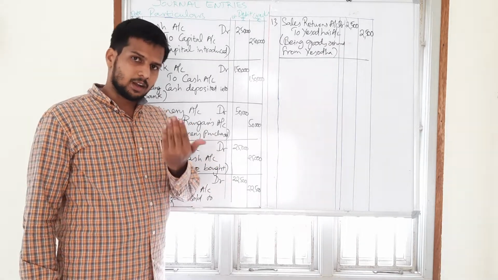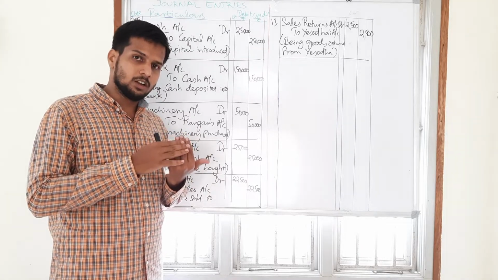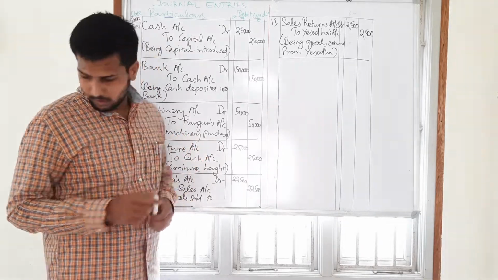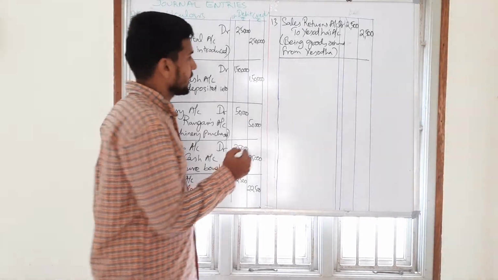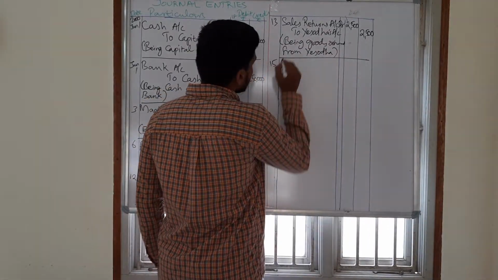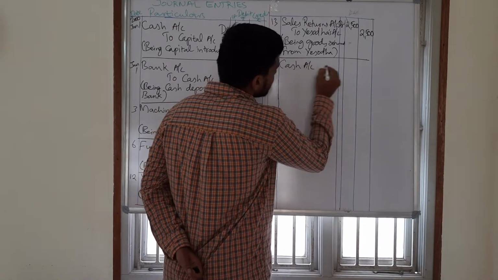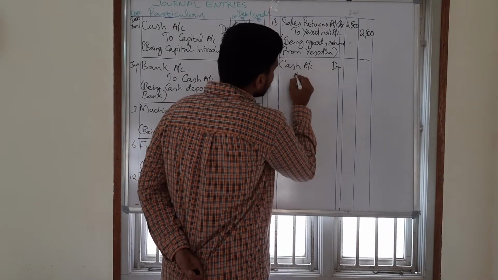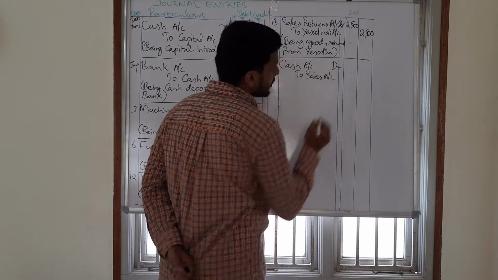So cash comes into the business, goods go out of the business, which means cash account debit to sales account. The date of the transaction is 15, goods sold for cash.